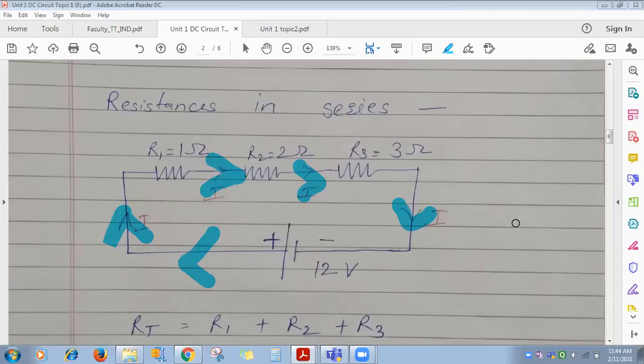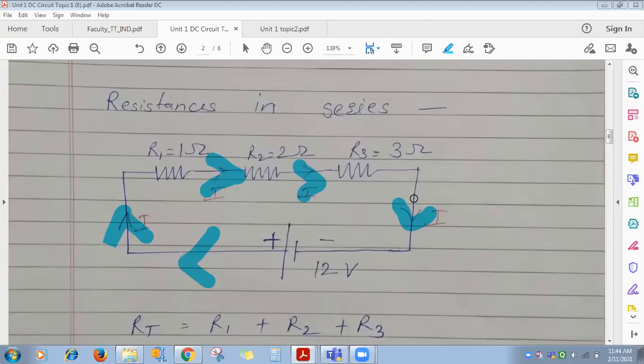You should be able to correctly identify whether the resistances are in series or not, in parallel or not. Got it? So you can say two or more resistances are in series when the same current flows through them. Okay, got it?